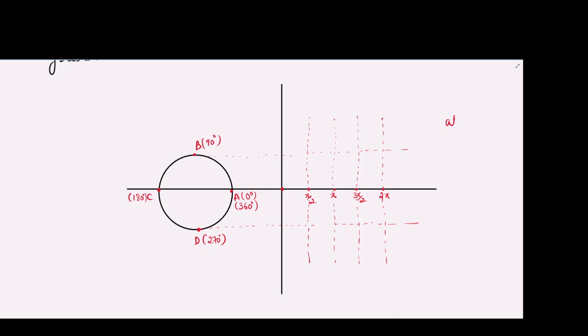So at A, cosec theta is infinite. At B, cosec theta is 1. So point A, this is 0 comma 1, and this is 0 comma minus 1. So at A the value is infinite. So this is point A. From point A to B, the value decreases to 1.